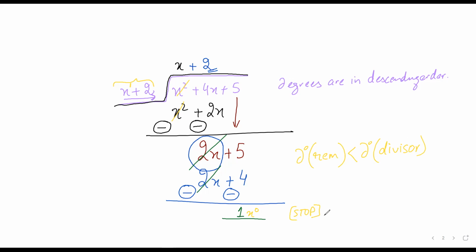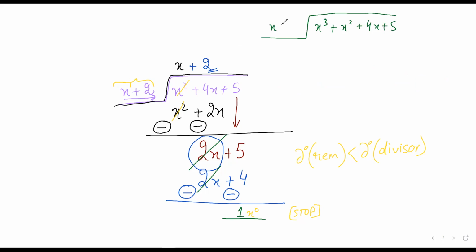No, sir. See, I will repeat this question, let me do here only so that you can compare. So let me do this same question. So if this question was x cube plus x square plus 4x plus 5 and this was divided by x plus 2.